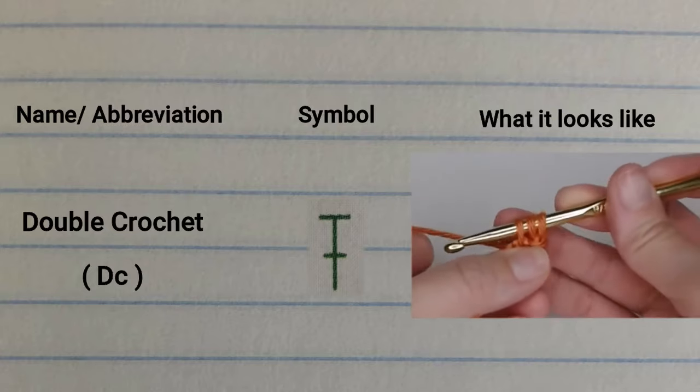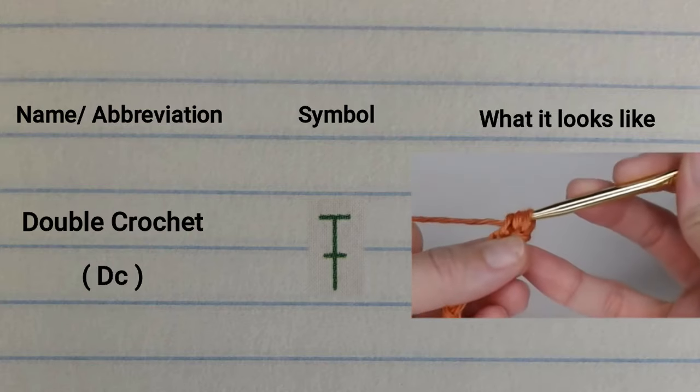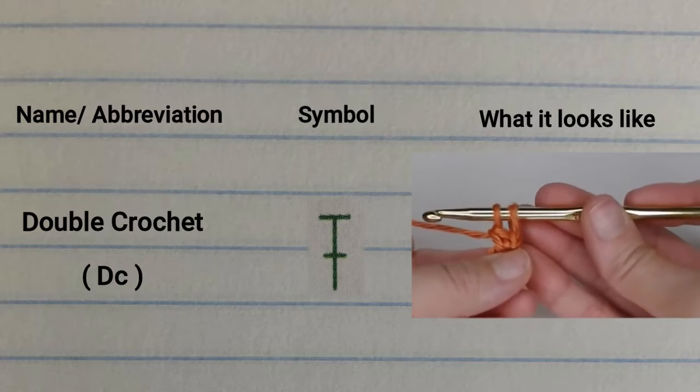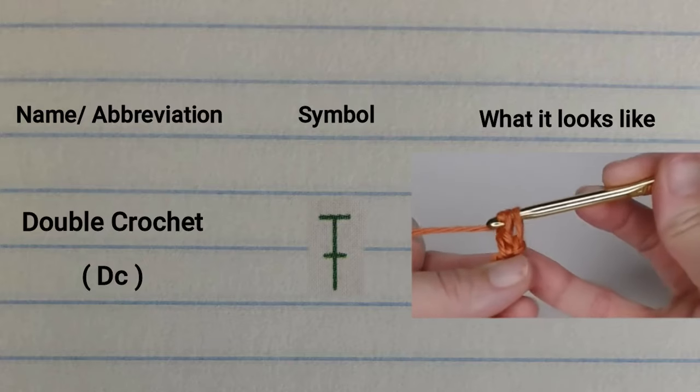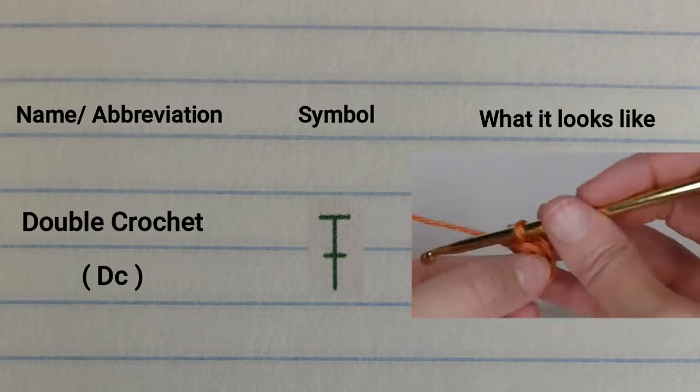You'll have 3 loops on your crochet hook, yarn over, pull through only the first 2. You'll have 2 loops left on your hook, yarn over, pull through the last 2. That is a double crochet.